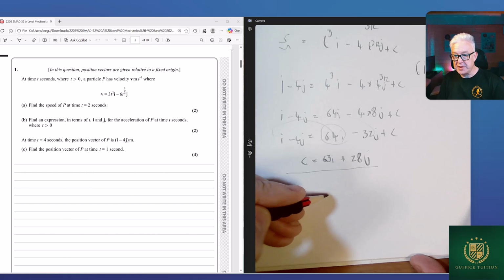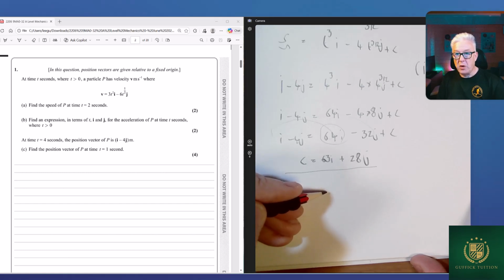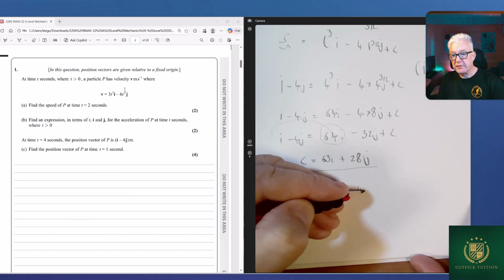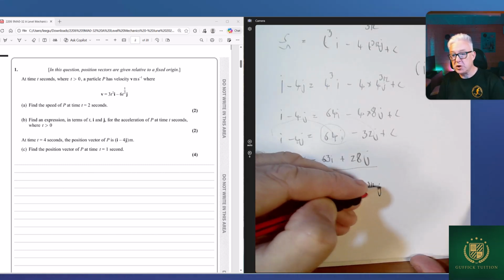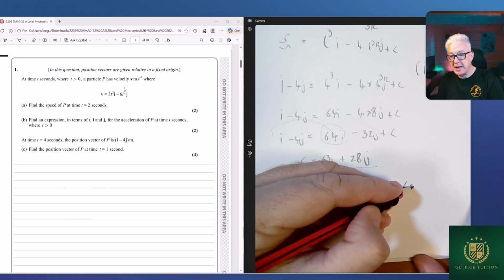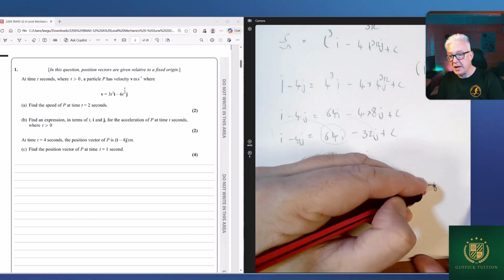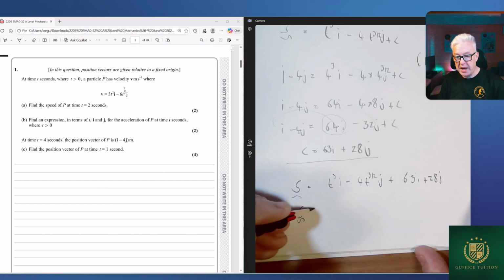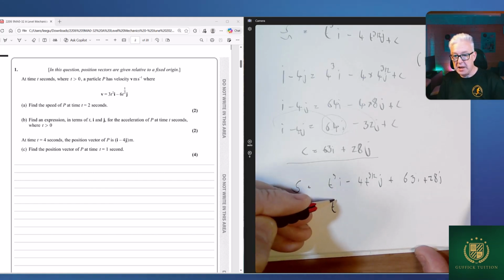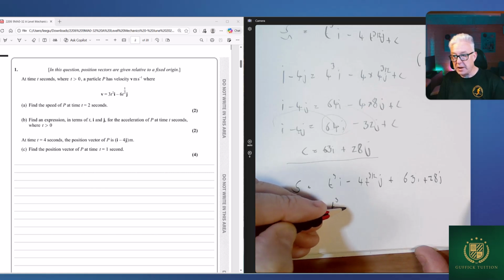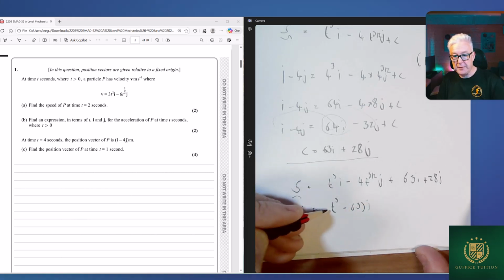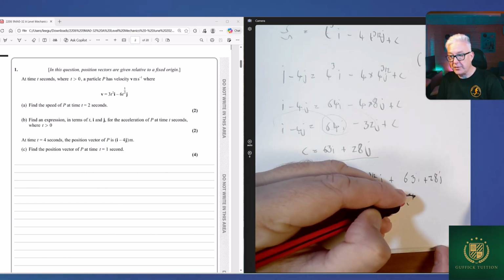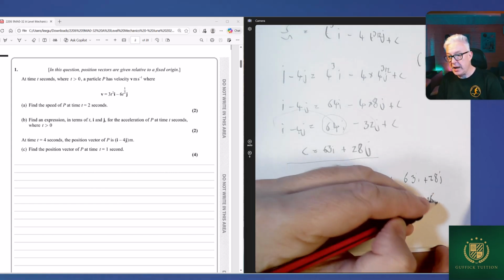So our displacement or position vector is now given by what we had before, which is t cubed i minus 4t to the 3 over 2 j, plus, but we now know that c is minus 63i plus 28j. And it's quite common just to gather those bits together. So our displacement s is given by t cubed minus 63 i, plus minus 4t to the power of 3 over 2 plus 28 j.